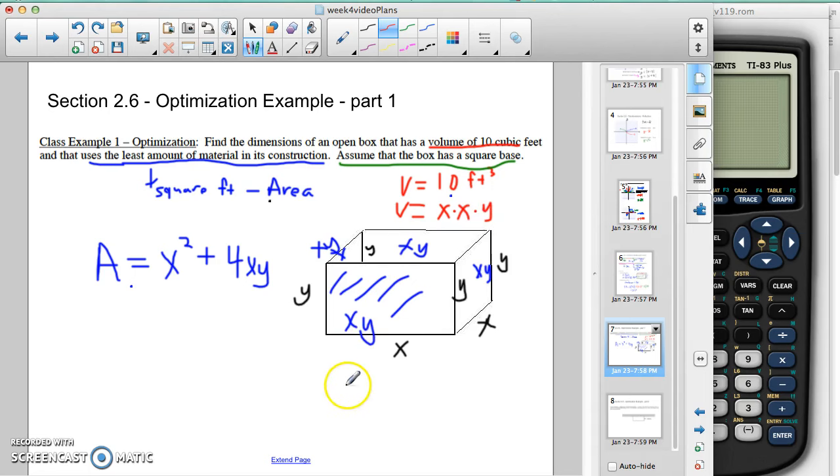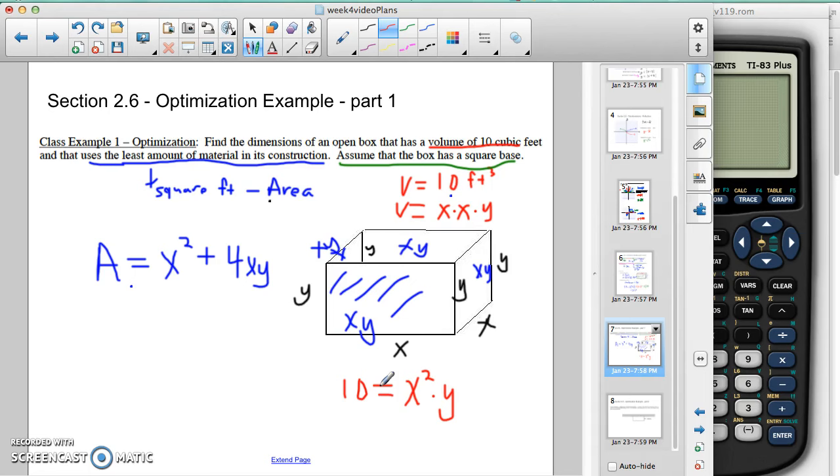So what we're really going to have here is a volume of 10 that equals x squared times y. X times x is x squared times y. So we're going to have this relationship for volume.